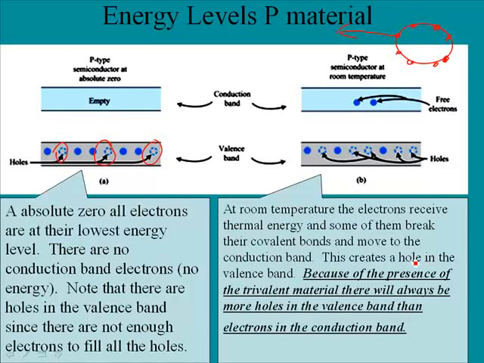Now, this creates a hole in the valence band, so this will create additional holes in the valence bands of our P material. Now, because of the presence of the trivalent material, there will always be more holes in the valence band than electrons in the conduction band. Now remember, when we looked at pure silicon, we had an even number of electrons as holes.